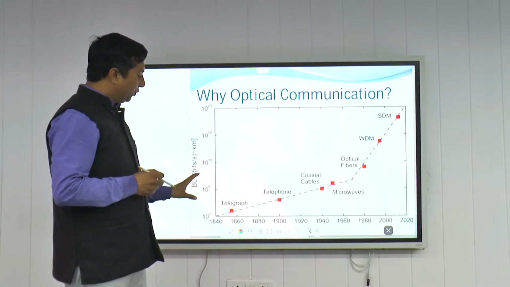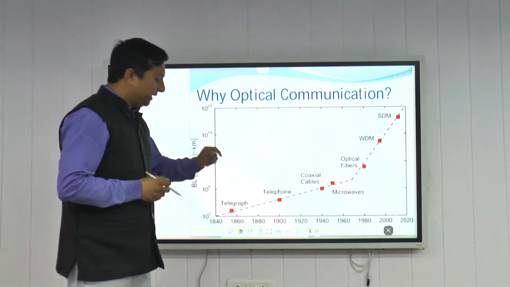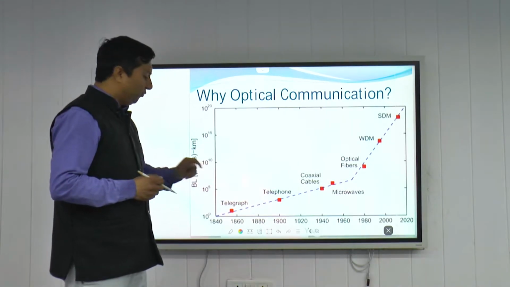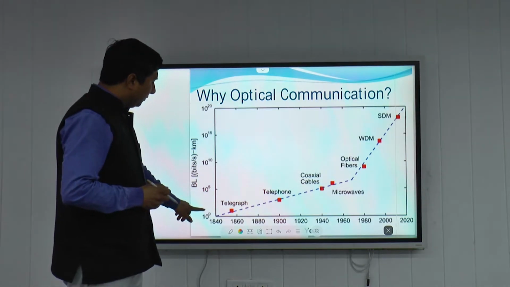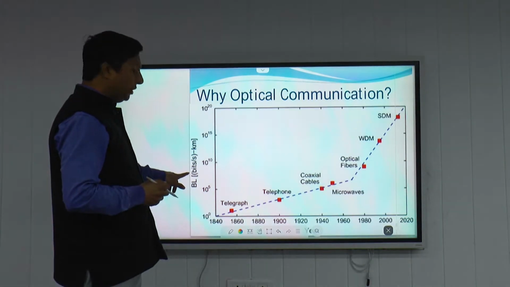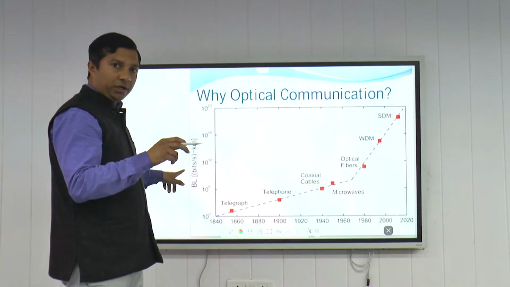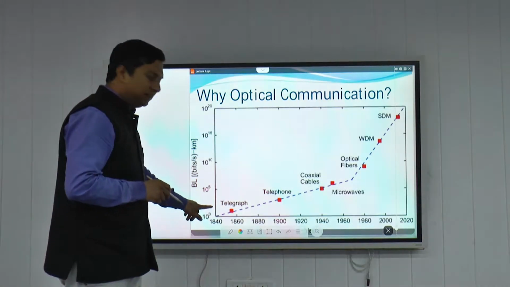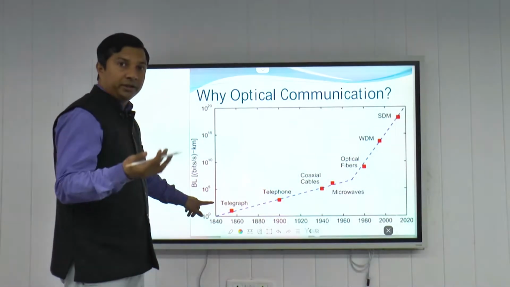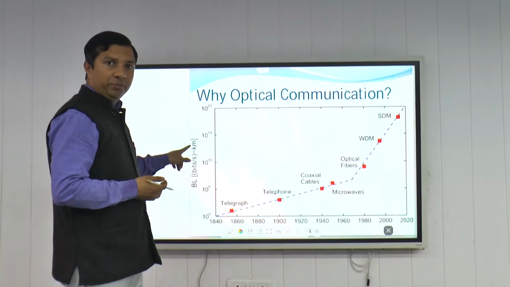One reason you can see from this slide: in approximately this period telegraph was used. But if we see the BL ratio, meaning the data rate distance product, it was very low, of the order of hundreds of bits per second kilometer.